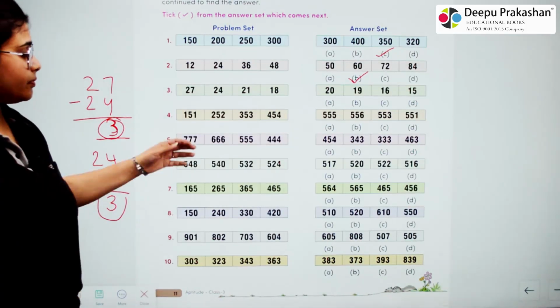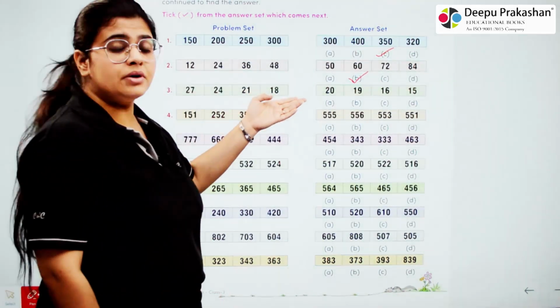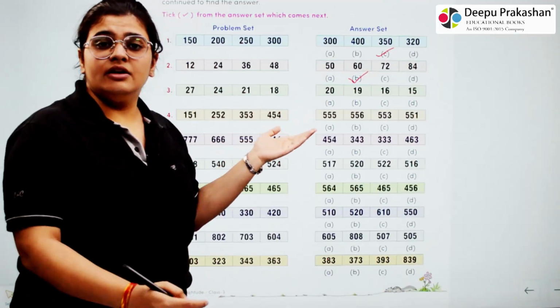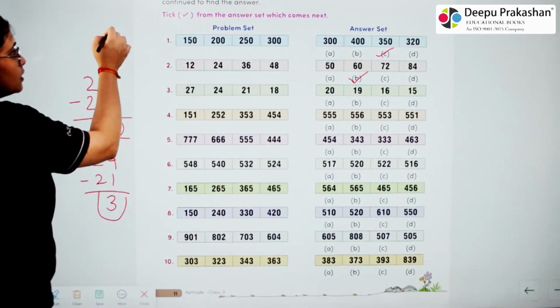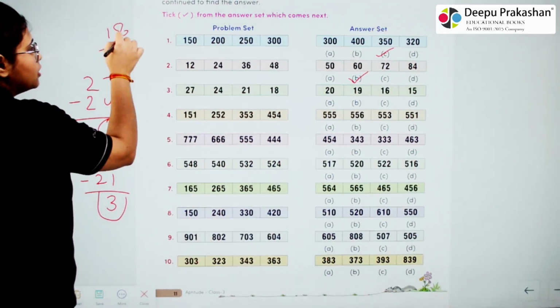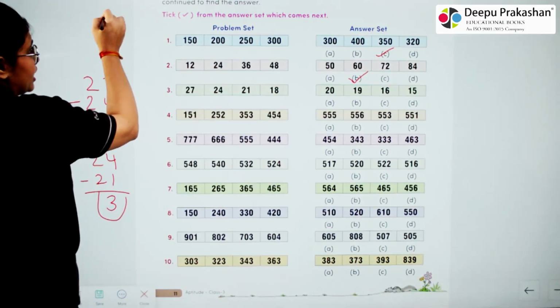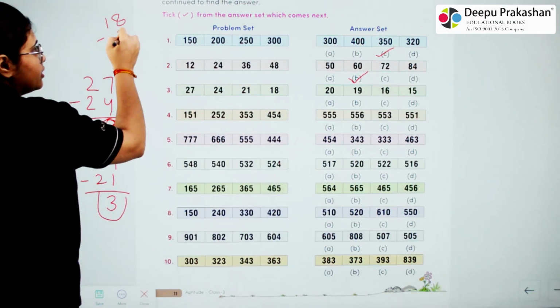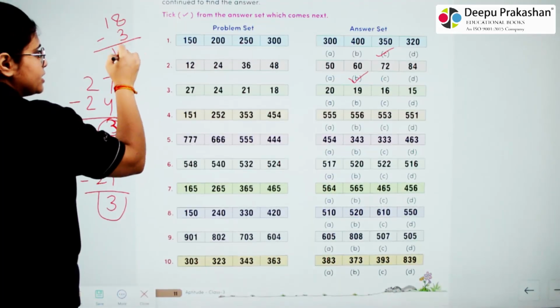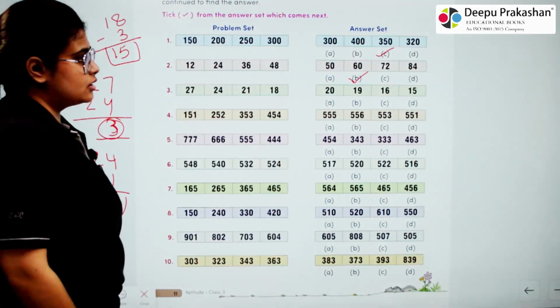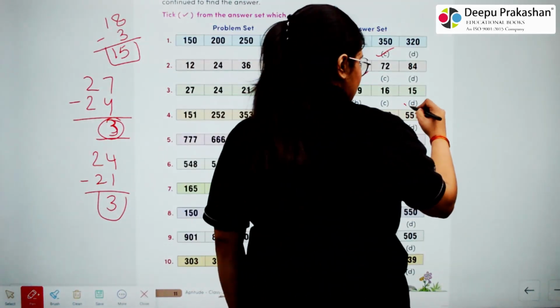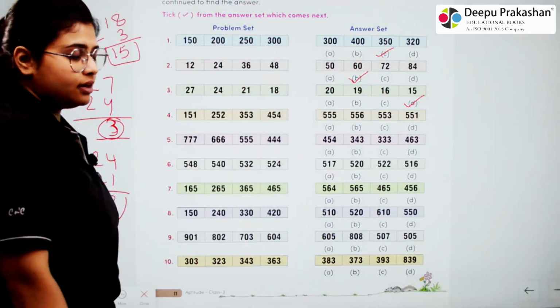That means the number that will come after 18 will be 18 minus 3, that is 15. Okay.